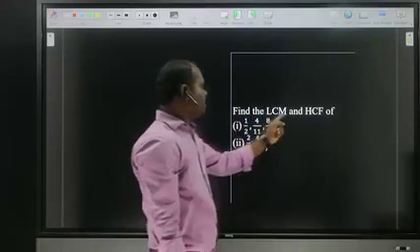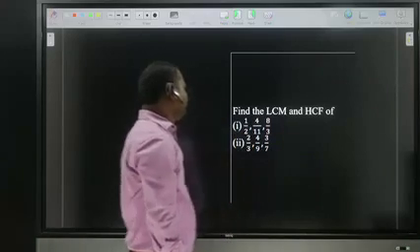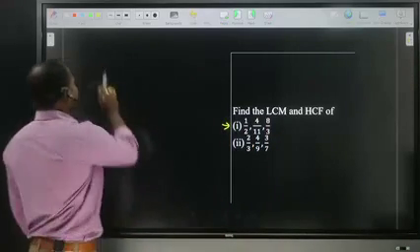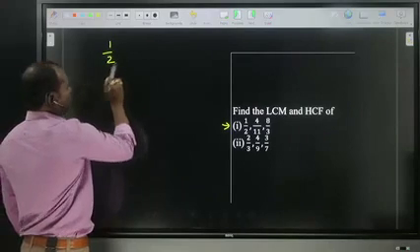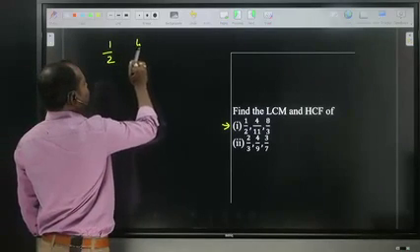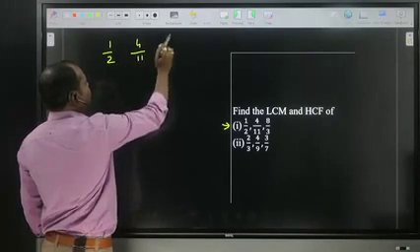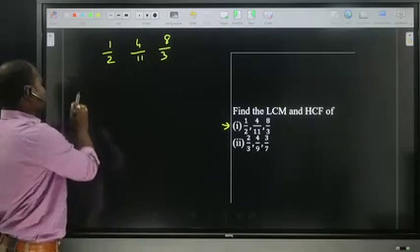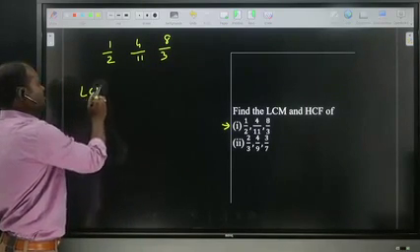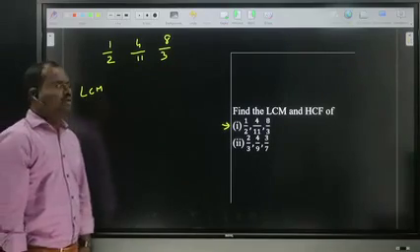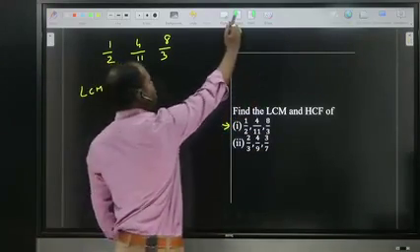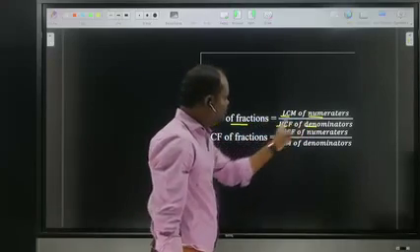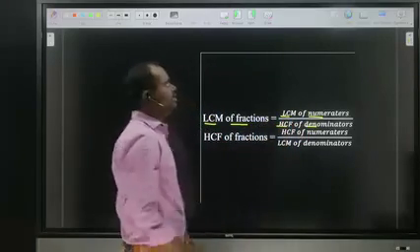Find the LCM and HCF for the first question. Now I will show my first question: 1 by 2, 4 by 11, 8 by 3. Now I want to find my LCM. Just now I showed, the LCM of fractions is LCM of numerators by HCF of denominators.